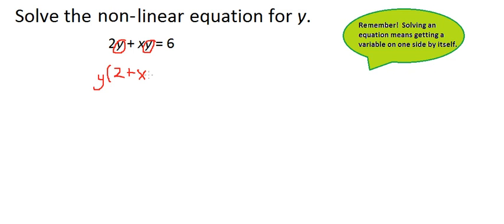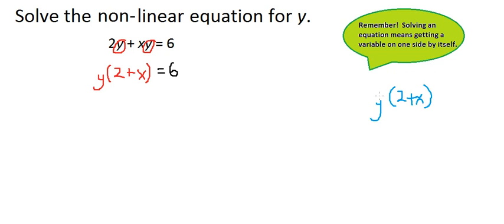At this step, if you're not quite sure about what you've done, a really great thing is to go off to the side and try to redistribute. You're just doing some scratch work. You've got y times 2 plus x, and you want to make sure you did this right.